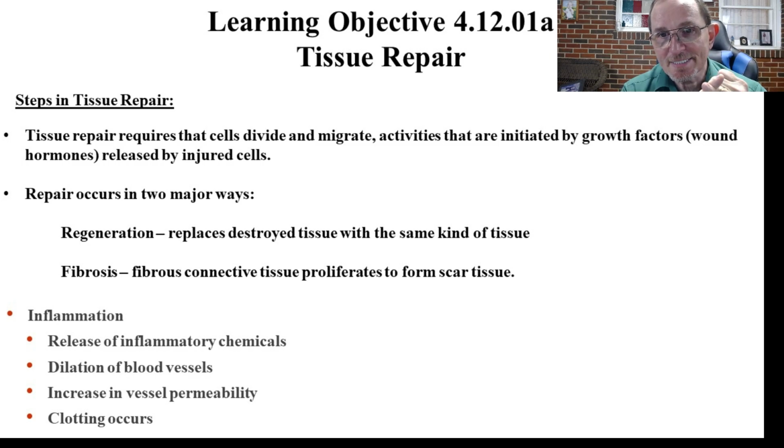So you're going to get fluid, red cells, and platelets that leak out. And these are going to form a clot over the wound. That clot is liquidy, but it's going to turn into a gel, and eventually it gets hard, and that's what a scab is.